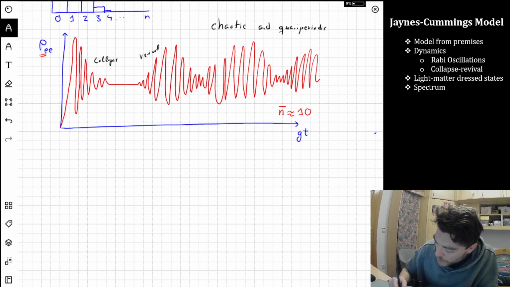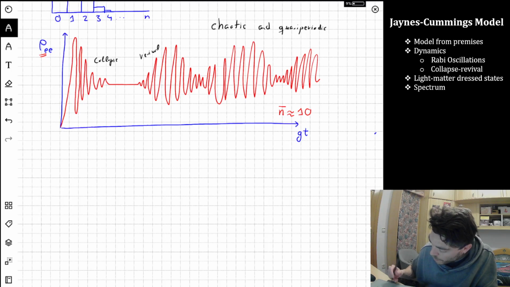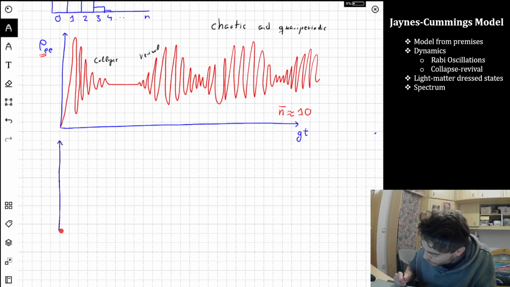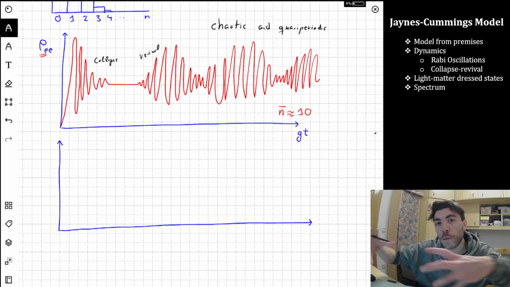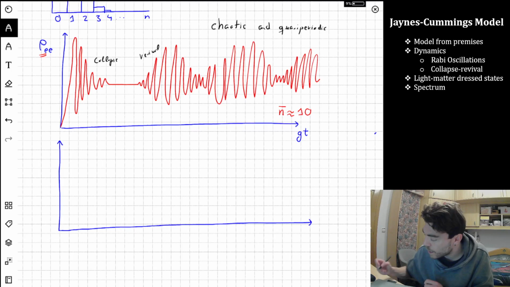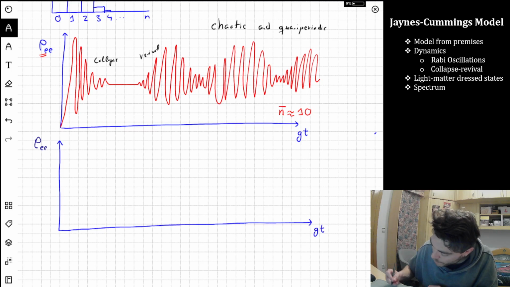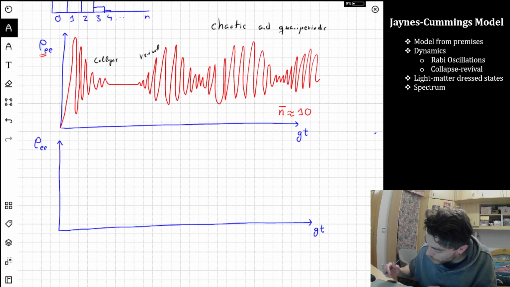Now, these oscillations are actually due to a quantum interference effect, because the things that are interfering are the probability amplitudes of all the Fock states composing this coherent state. If we increase the number of photons, we still see the collapse and revival, but now they are more ordered.